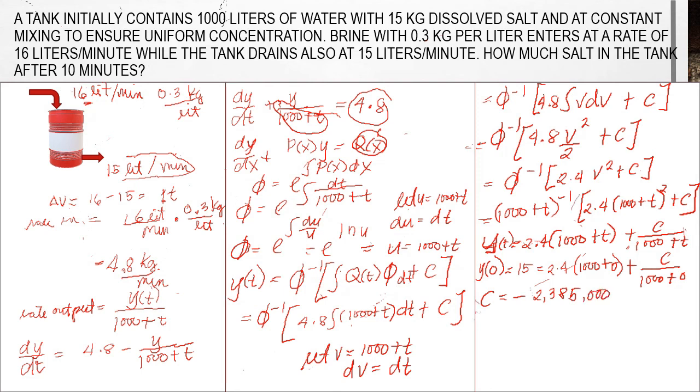So at 10 minutes, y as a function of 10 minutes, your concentration is 2.4 times 1,000 plus 10, minus 2,385,000 over 1,000 plus 10.